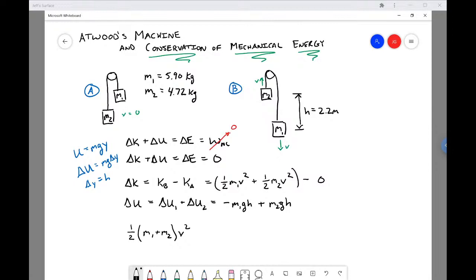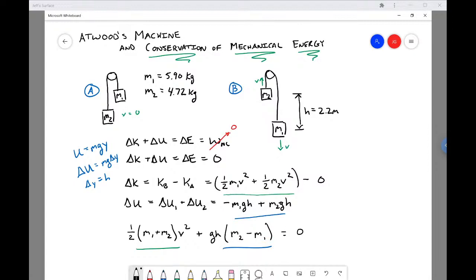So what I've written up here factors to this form. And we could also factor the potential energy. There's a g and an h common in both of those terms. So factor those out, and then we have a positive contribution from M2 and a negative contribution from M1 since it falls. So this factors to that, and that's equal to 0.